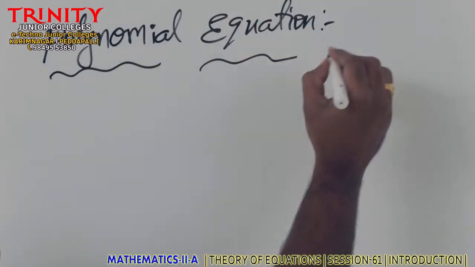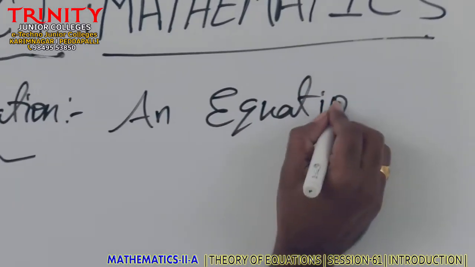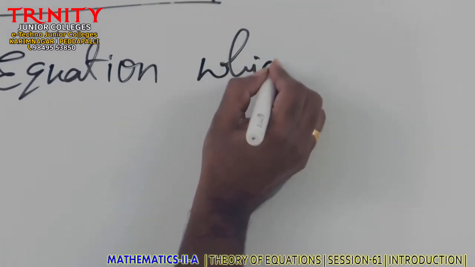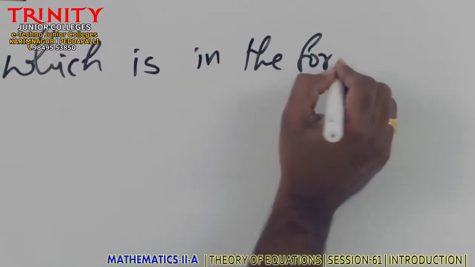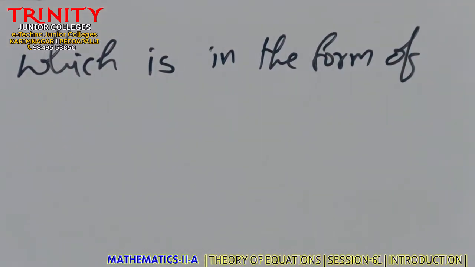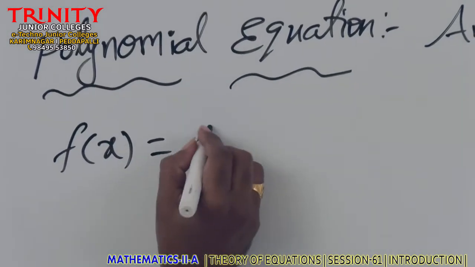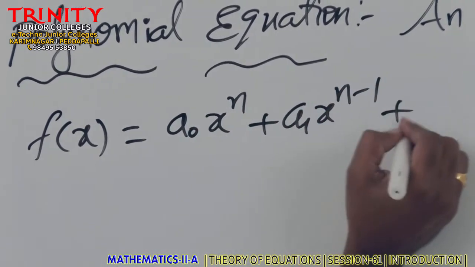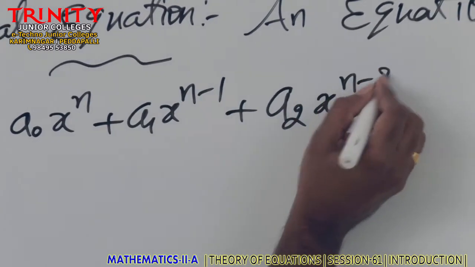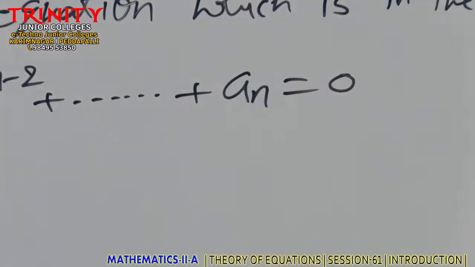An equation in the form of f of x is equal to a naught x power n plus a1 x power n minus 1 plus a2 x power n minus 2 plus so on plus an is equal to 0 is called a polynomial equation.